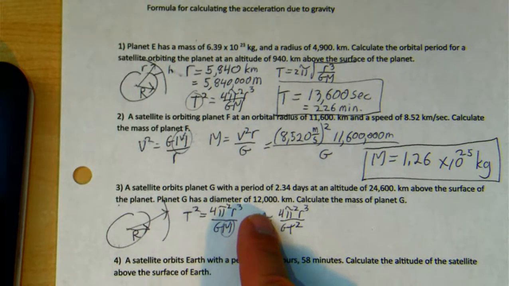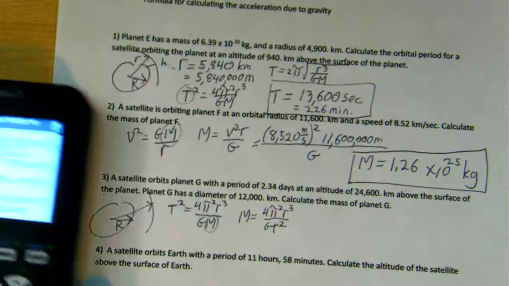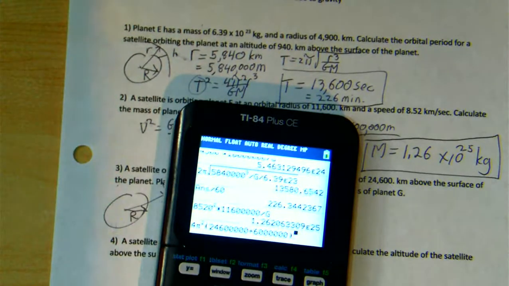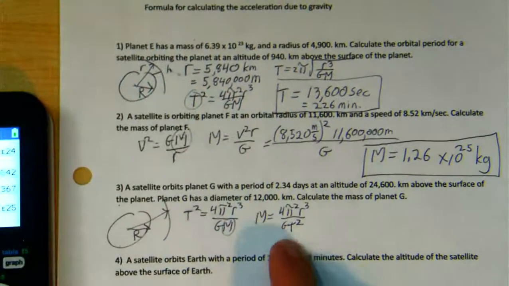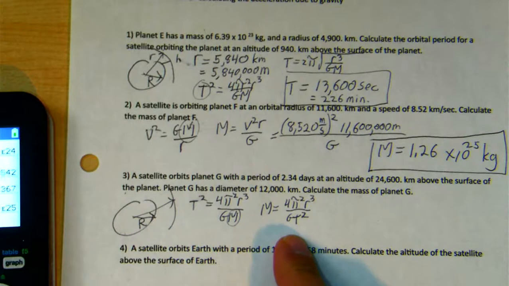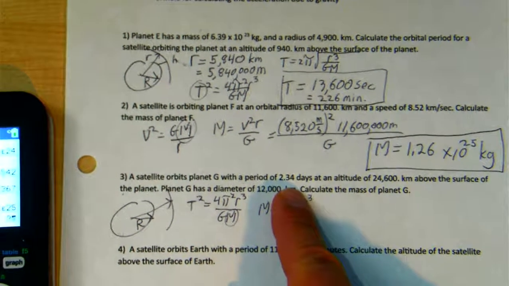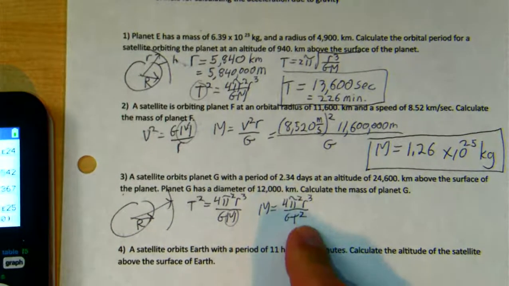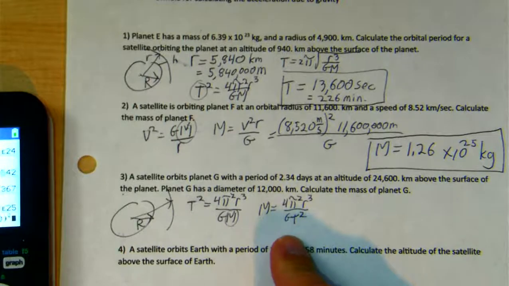That gives me the number of meters, if I put it in correctly. I'm going to cube that, then divide everything by the universal gravitational constant and divide by, open parentheses, 2.34 times 24 times 3,600, close parentheses, quantity squared, enter.